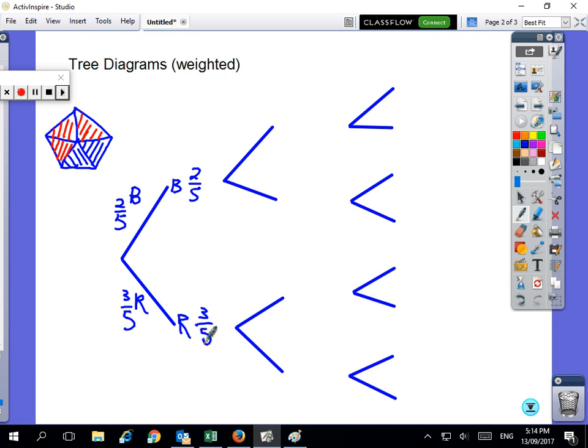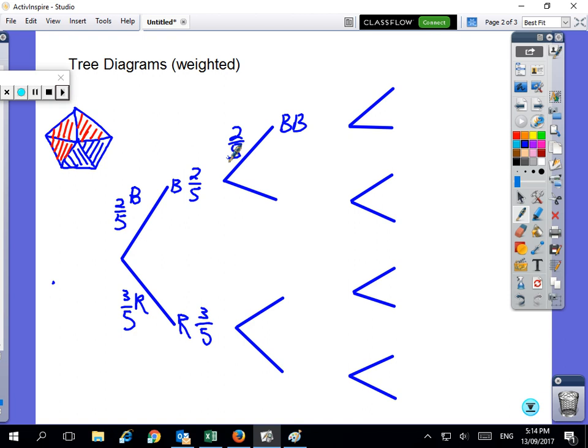And you can change it into a decimal if you want. That would be 0.4, that would be 0.6, no big deal. If I wanted to get blue, blue, then I'd have to get blue on the first one and blue on the second one. To work out my chances to get blue, blue, I'd have to get 2 on 5, and then 2 on 5 again.